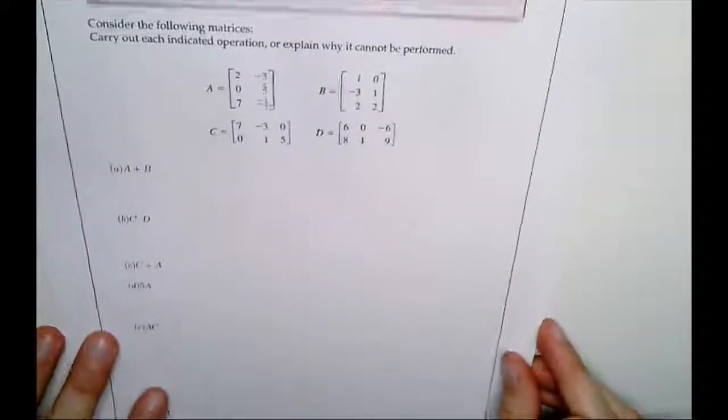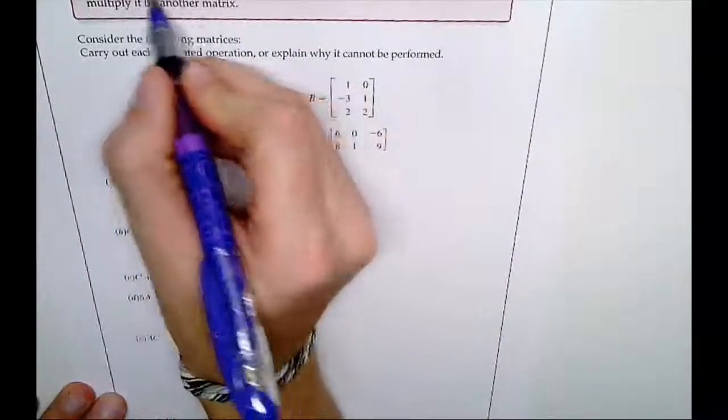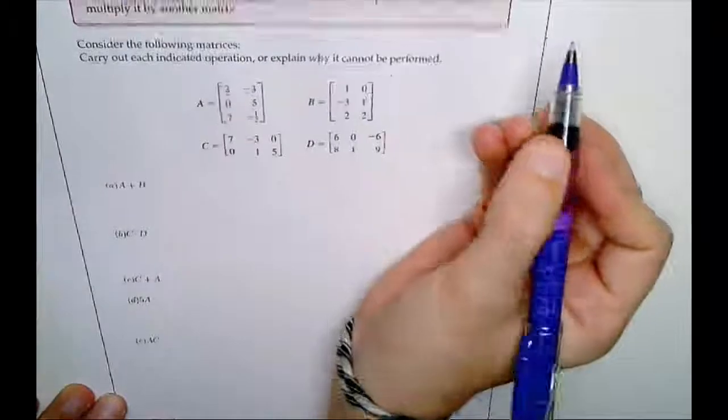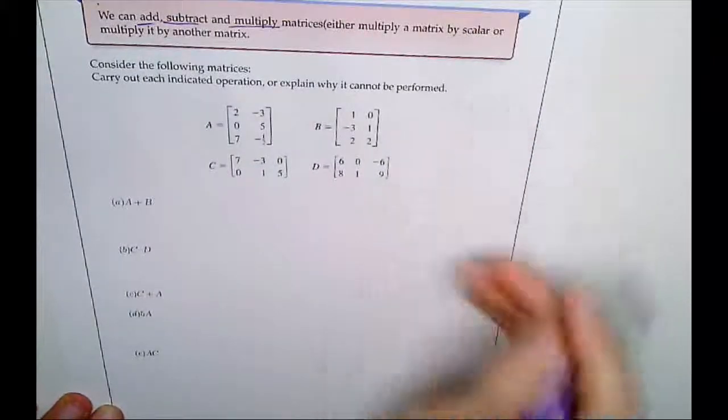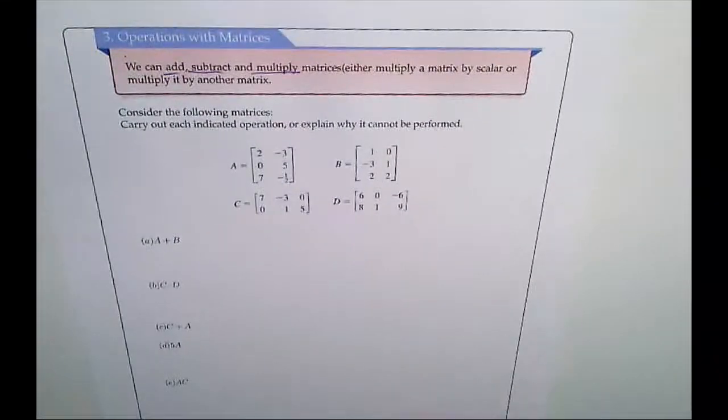All right, so what can we do with matrices? Well, we can add matrices, we can subtract, we can multiply, and we'll see in section 10.5 that we cannot divide matrices, but matrices have an inverse. Well, some matrices do.